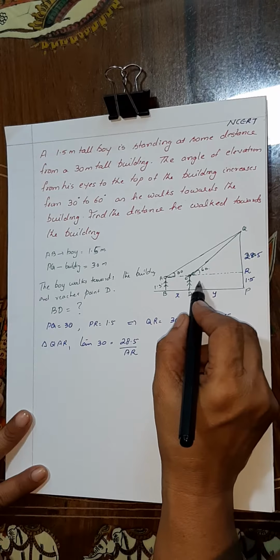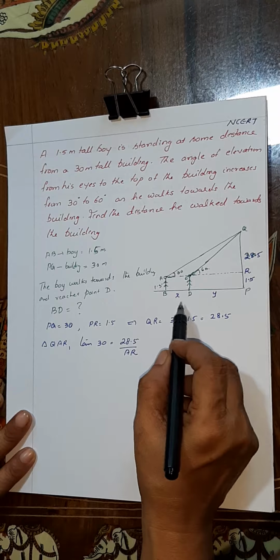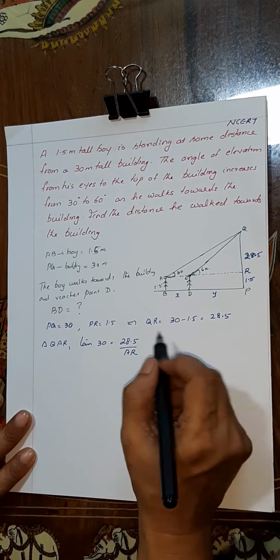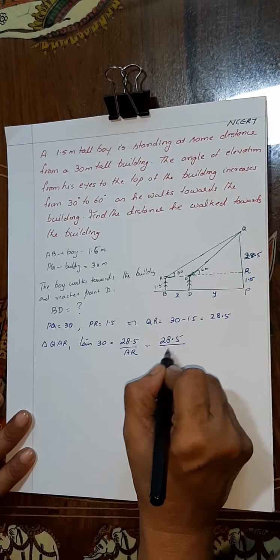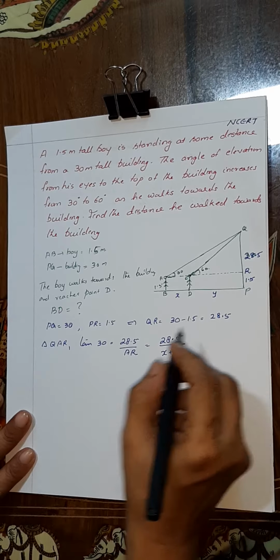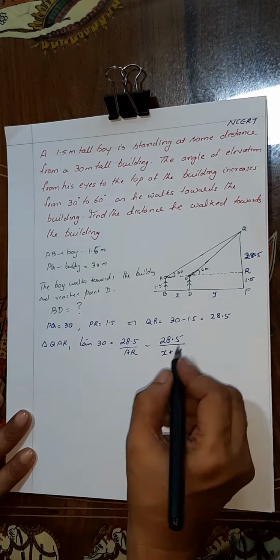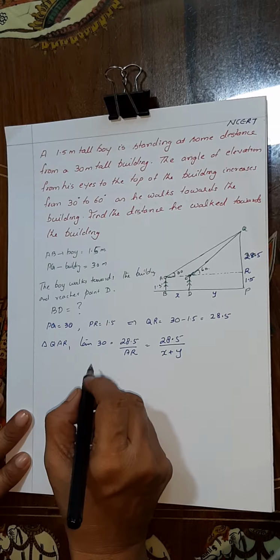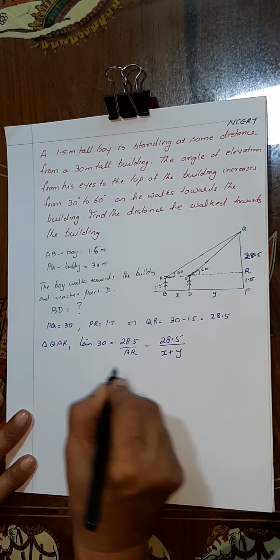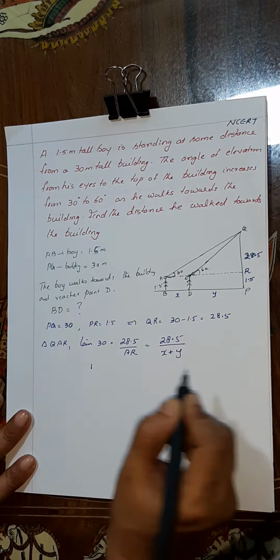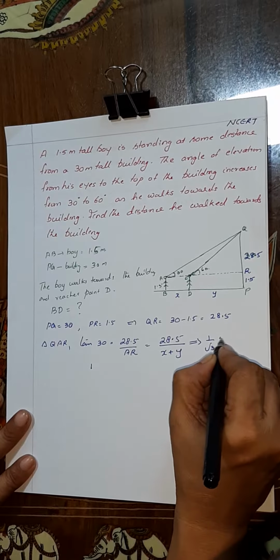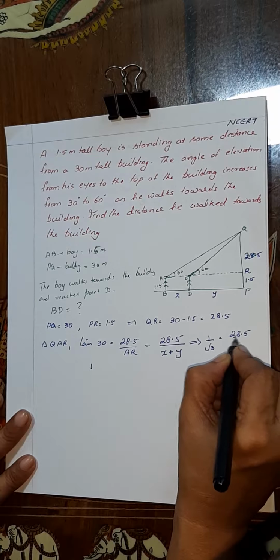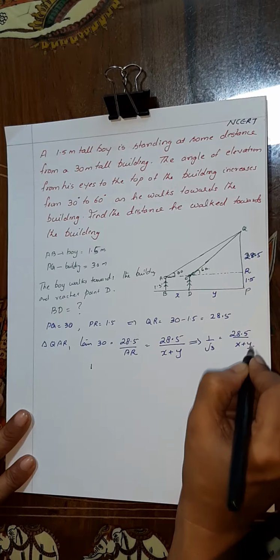So 28.5 by AR. So this is 28.5 by x plus y. So tan 30 is 1 by root 3. 1 by root 3 is equal to 28.5 by x plus y.